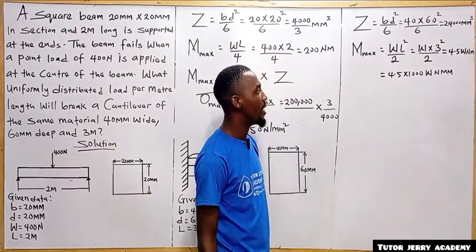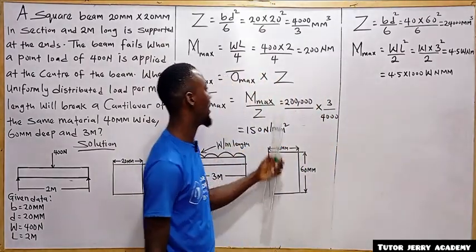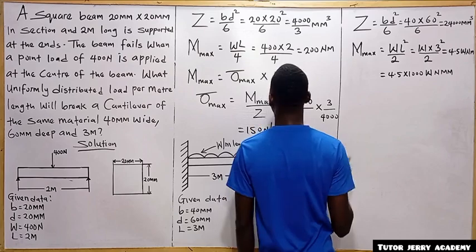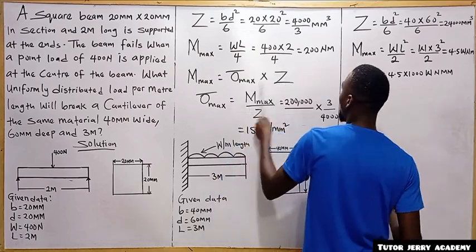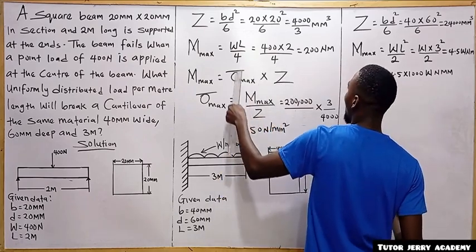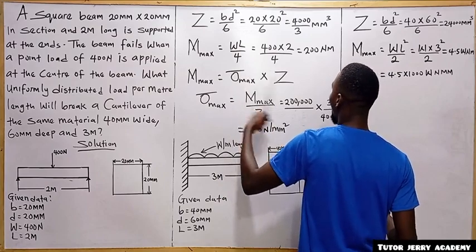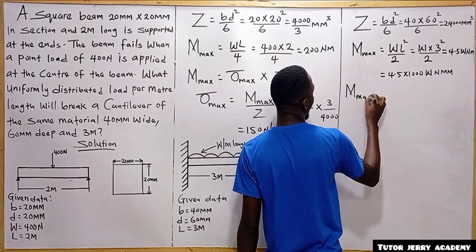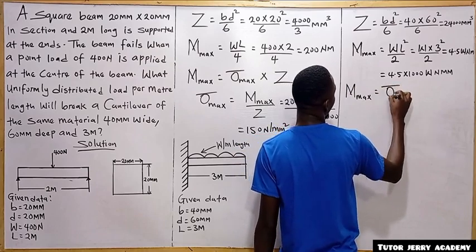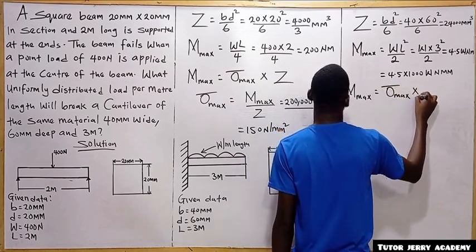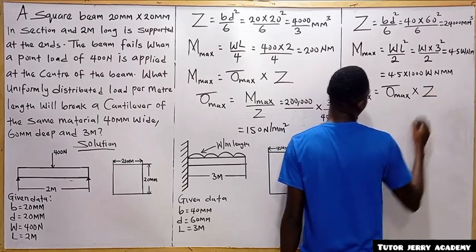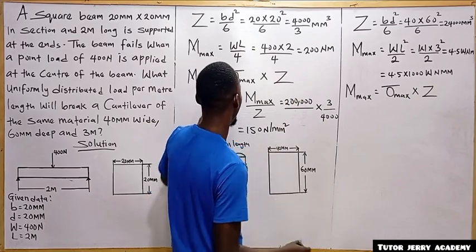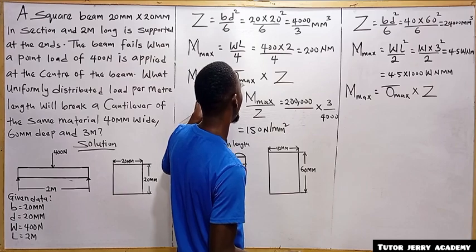So again, we are going to be applying this formula here. We note that from here we've already established that our maximum stress is equal to this multiplied by this. So maximum bending moment will be equal to maximum stress multiplied by Z. We've already established that because they are of the same material, they will have the same maximum stress.